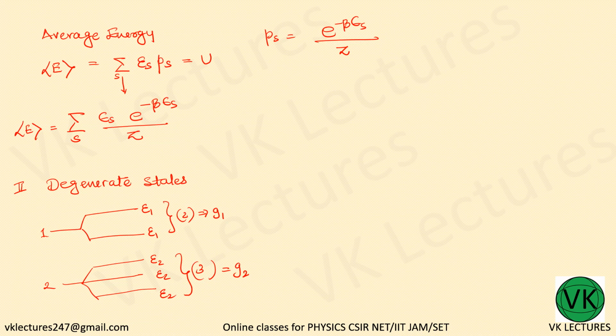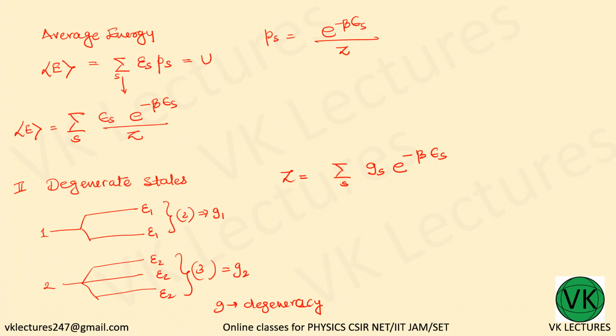G represents degeneracy. That means how many levels are there with the same energy. Now in that case, the partition function Z is given by sum over s of Gs e to the power minus beta Es, just an addition of the term Gs here.